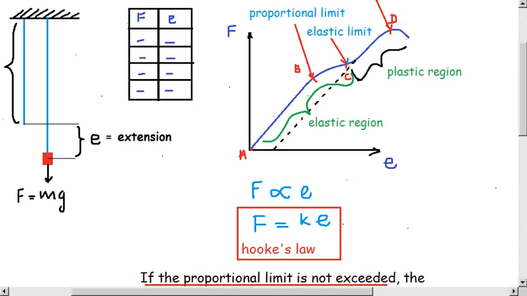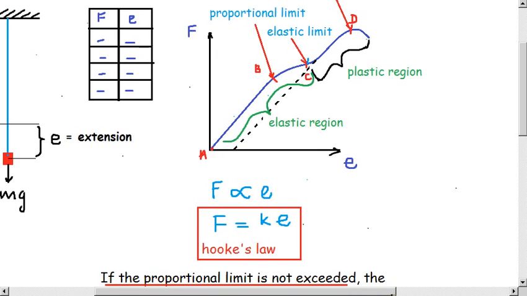That means the bonds between the molecules break little by little, not all together, and the shape of the material permanently changes. That means it deforms. The process is called plastic deformation. This region is called the plastic region. So that is the word plastic.